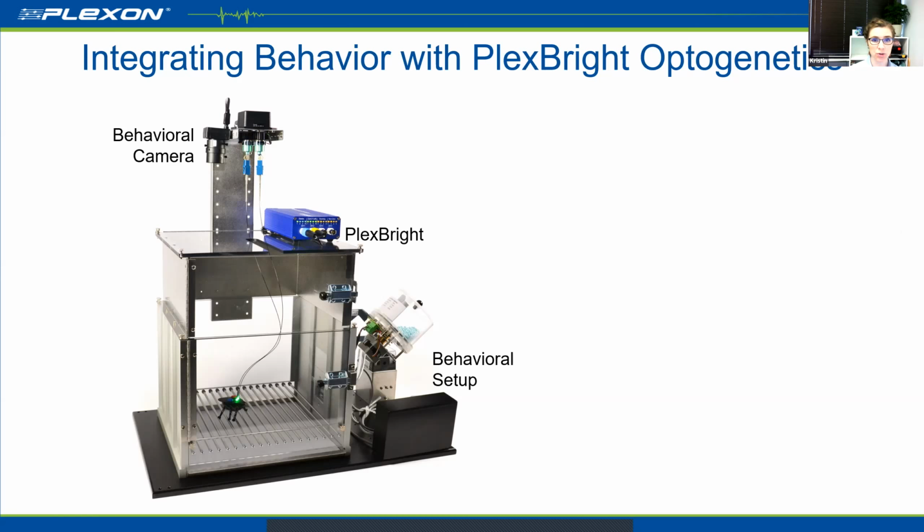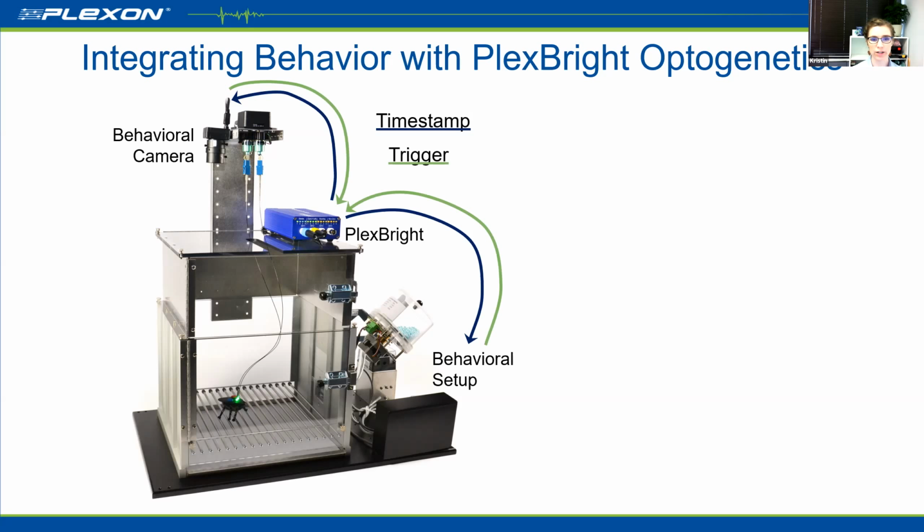And so what you'll want to do is send digital outputs from the Plexbright. Typically, these are called TTL pulses. You'll send these as timestamps to your behavioral system to mark light delivery. Many of you actually indicated you wanted to do the reciprocal and actually send triggers to the Plexbright system to trigger light delivery when a particular behavior occurs.